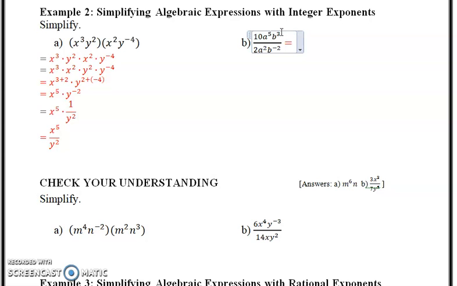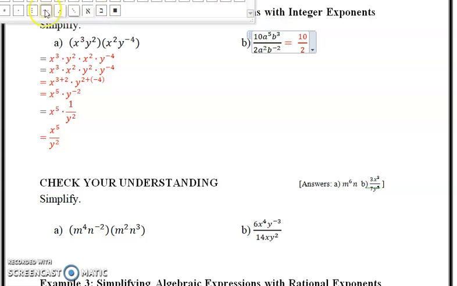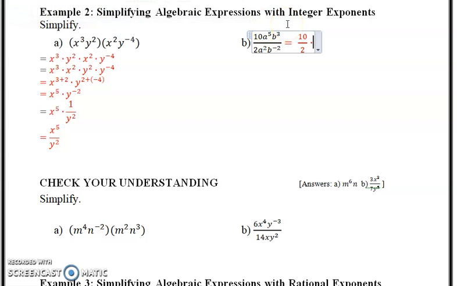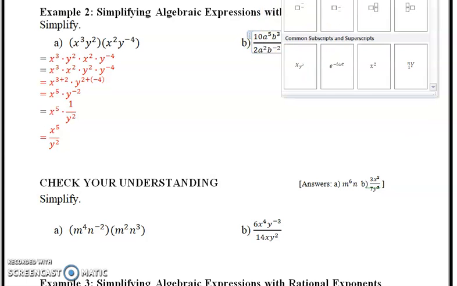So I'm going to separate that and show how that step works, same as I did in the last example. So we have 10 over 2. They'll be grouped together because they're both constants. And then the a's have the same base, so we'll group those together.